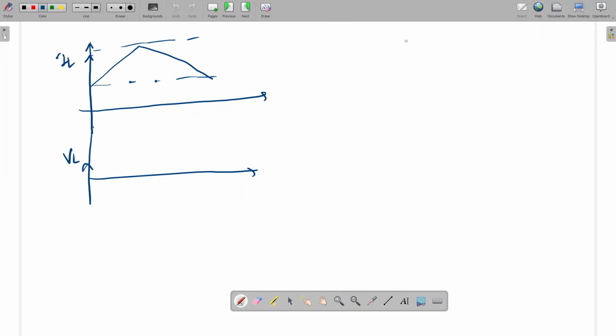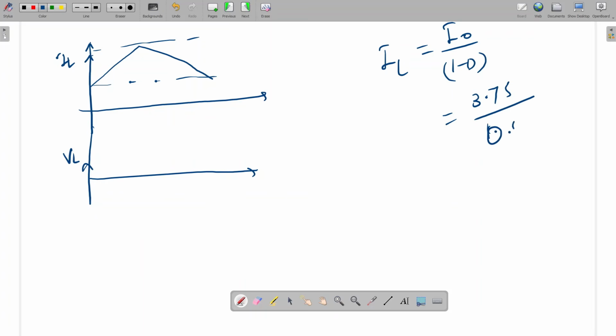I0 divided by (1 minus D) gives IL, so 3.75 divided by 0.4. How much will it be? 9.375. So this value will be 9.375. This is the average inductor current.